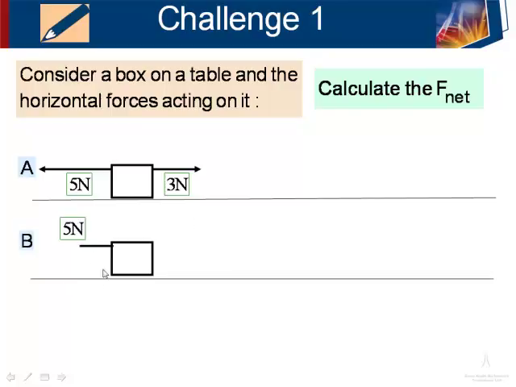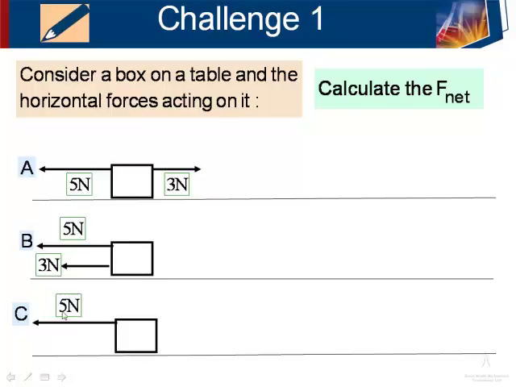Example B: 5 newtons in this left direction, another 3 newtons in the direction to the left, and what would its resultant or F net force be? Example C: 5 newtons to the left, 3 newtons to the left, and 10 newtons to the right. Now stop the DVD and calculate the F net and then check your answers.